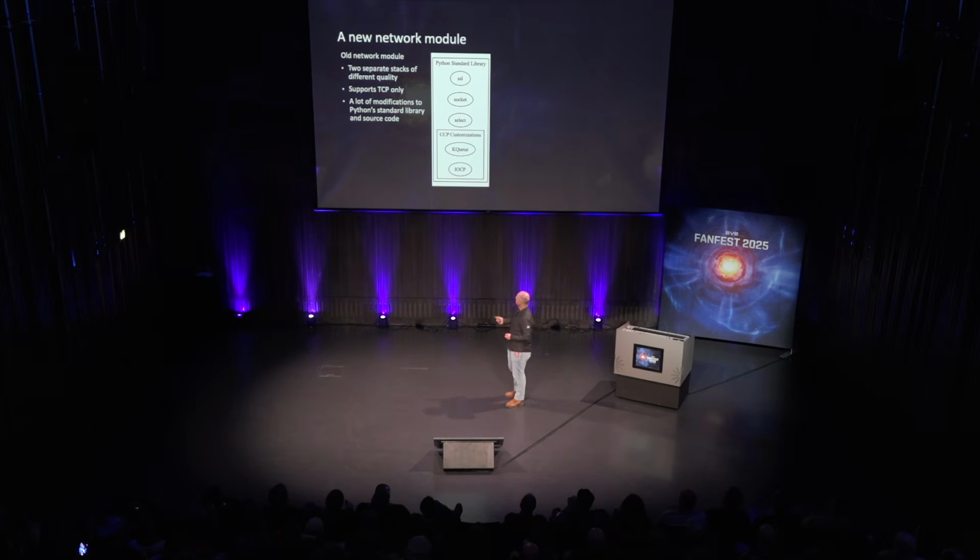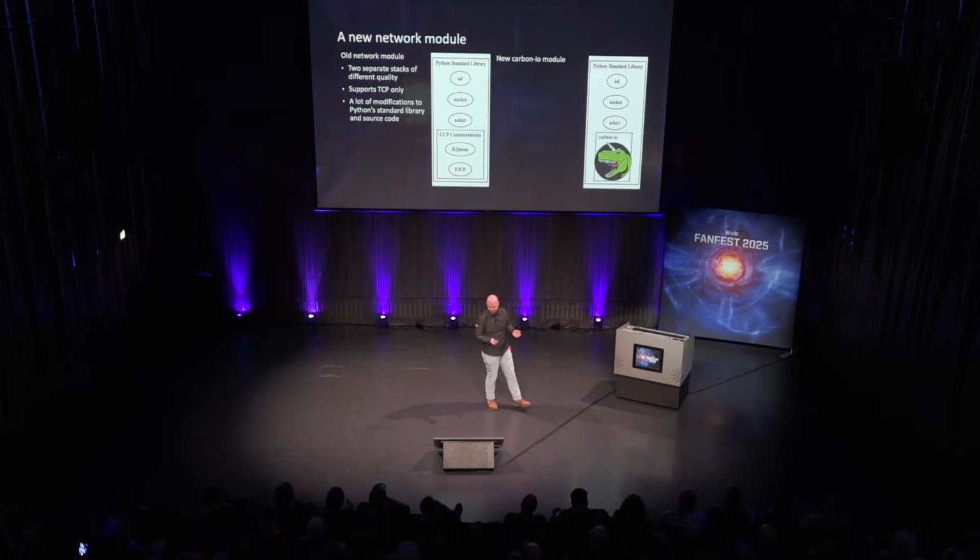And as I mentioned, this is all based on a lot of modifications to Python's source code and the standard library so that we get it to work. This was not the way we could continue doing things because of the way that Python changed these modules between 2 and 3. So we need to write a new network module.